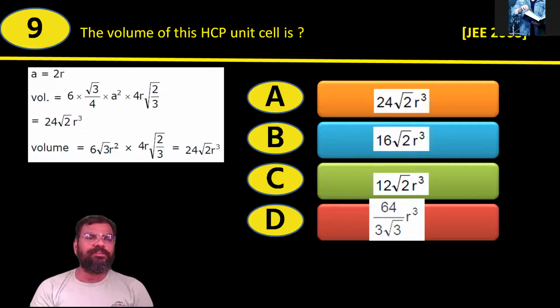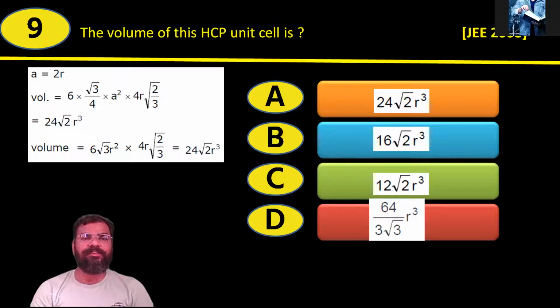See here, in case of HCP, when you draw the diagram of the HCP structure, the value of a would be 2r. So the volume is 6 multiplied by root 3 upon 4 into a square, multiplied by 4r into the square root of 2 upon 3.